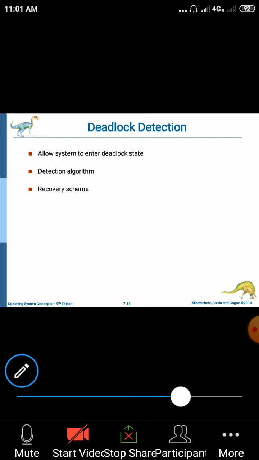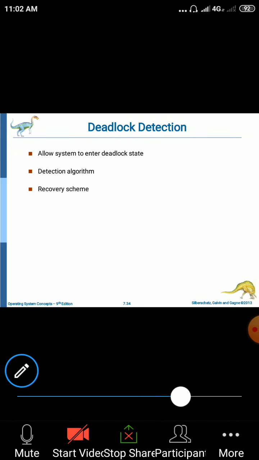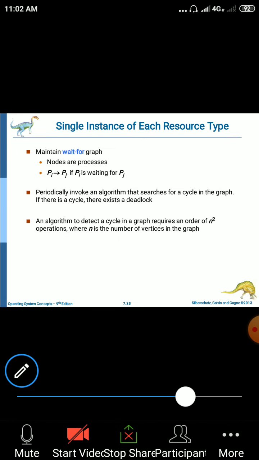Means the system must provide a deadlock detection algorithm to detect the deadlock, and a deadlock recovery algorithm to recover from it. These two algorithms we are going to study in this class. First we'll see deadlock detection, and for deadlock detection we are once again considering two types of methods.